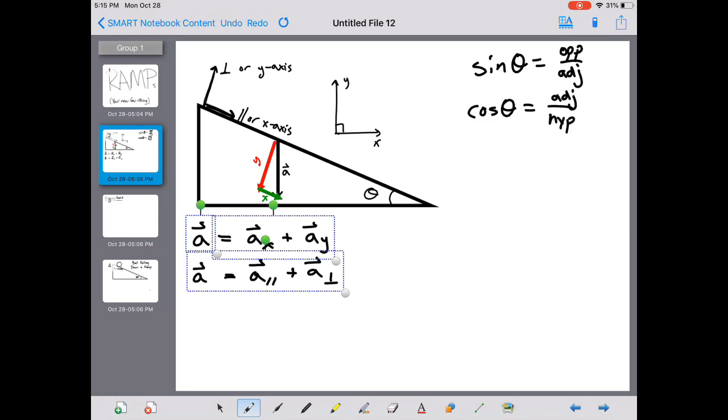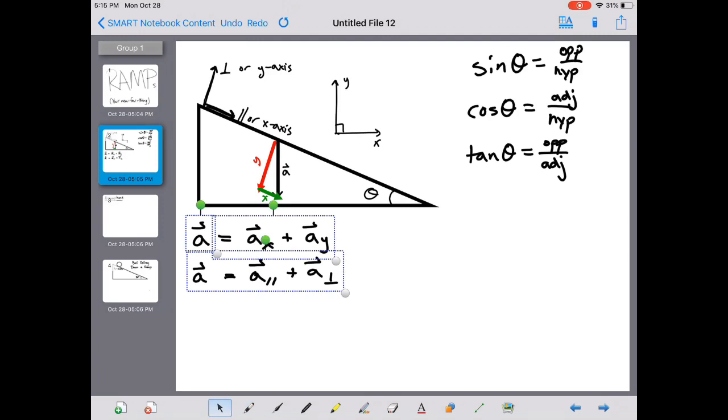And tangent is opposite over adjacent. Okay. So I want to write my component vectors in terms of those.